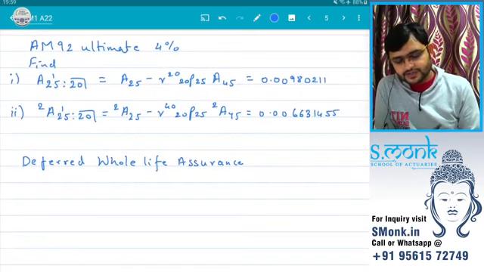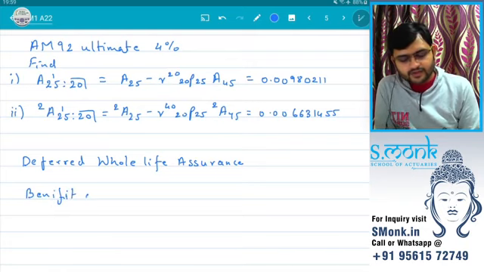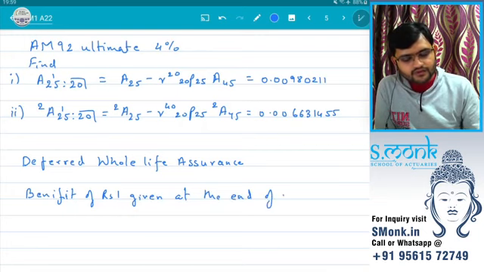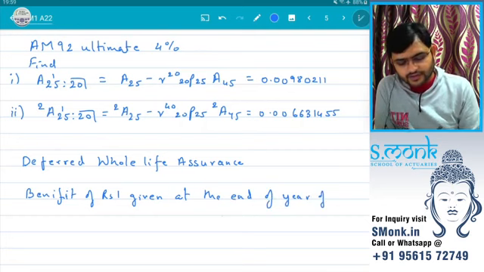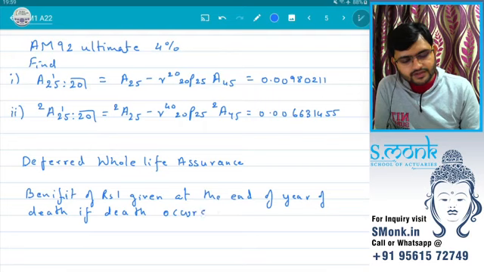Okay, so here we say a benefit of ₹1 given at the end of the year of death, if death occurs after n years.